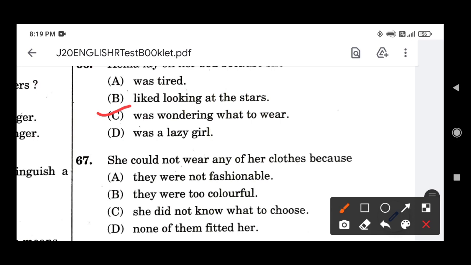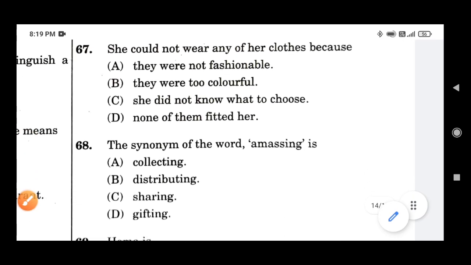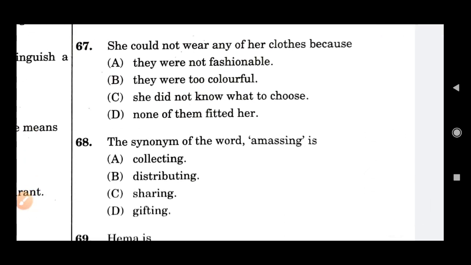And the next question: she could not wear any of her clothes because, what is the reason, friends? We'll see the options. They were not fashionable, they were too colorful, she did not know what to choose. Friends, did you observe one thing?